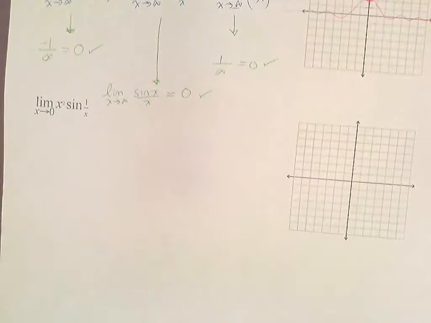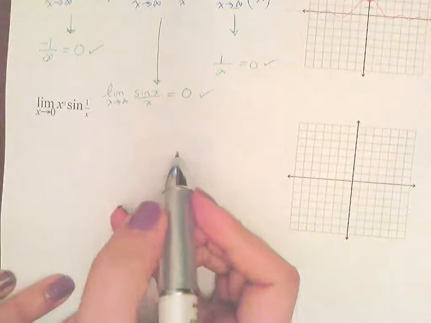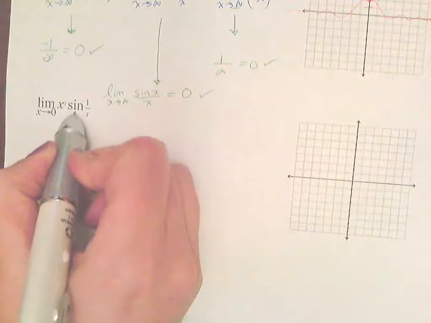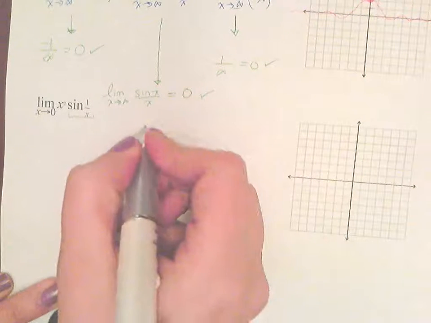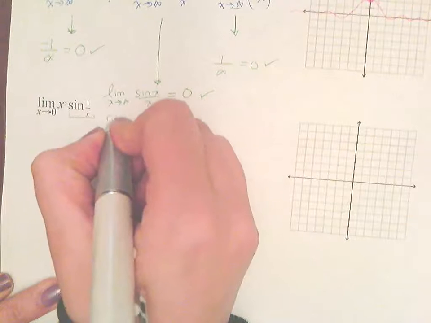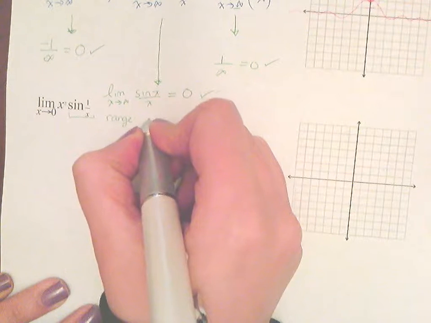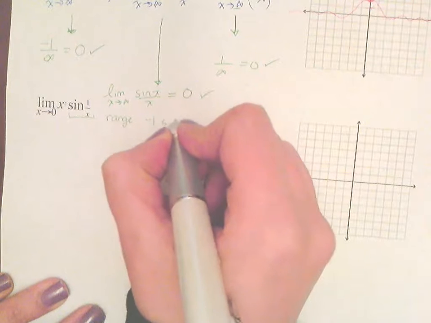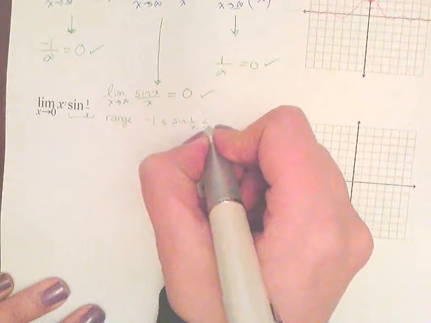Alright, next up. Again, this is one that you can use the sandwich theorem. Now this is sine of 1 over x. And this also has a set range. The range of sine of 1 over x is between negative 1 and 1.